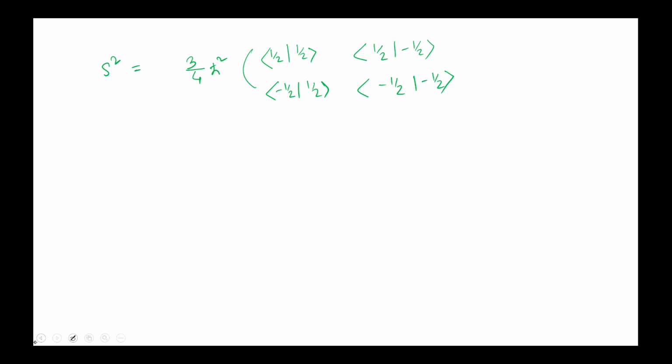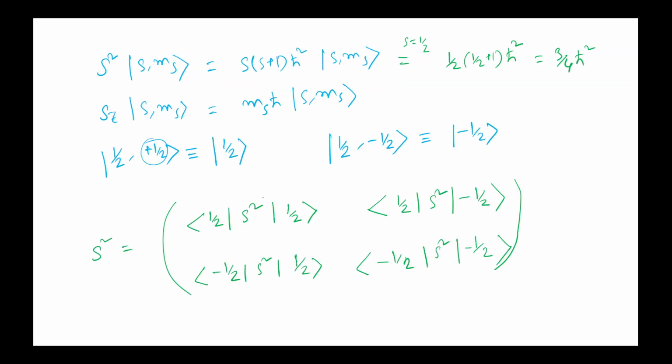What is happening is that s square operates on this half and gives you 3 by 4 h cut square as the eigenvalue, and then you are left with the inner product of half and half. Similarly, s square operates on this minus half.